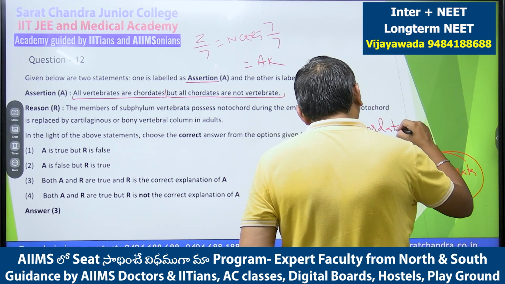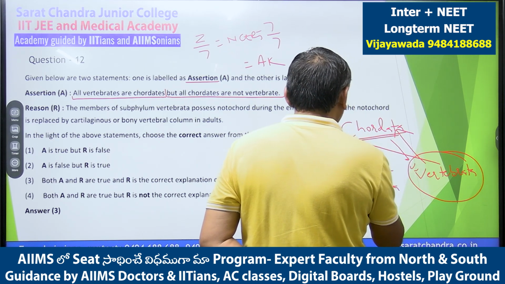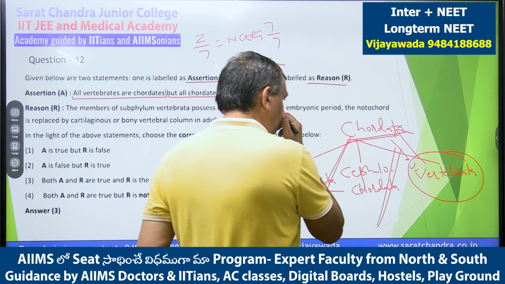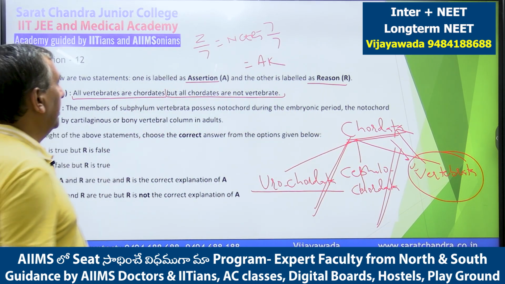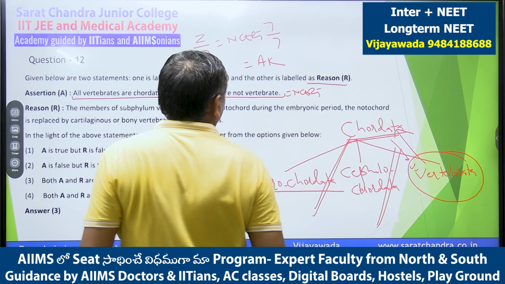All vertebrates are chordates, whereas all chordates are not vertebrates, because some of them are Urochordata and some of them are Cephalochordata also. All these lines are given in NCERT. Now, why are they known as vertebrates?